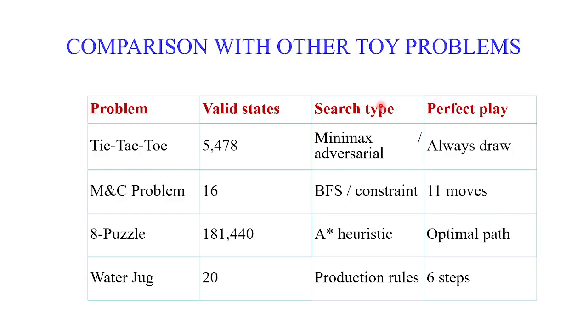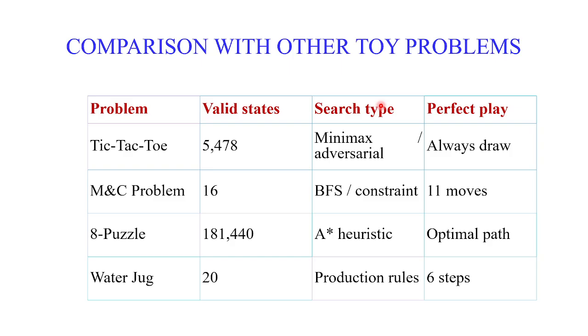Now, to wrap up, we will just see the comparison with the other toy problems. Tic-tac-toe has 5,478 valid states and uses the minimax algorithm, and with perfect play it tries to draw. The missionary and cannibal problem has just 16 states and uses BFS with constraint checking, solved in 11 moves.